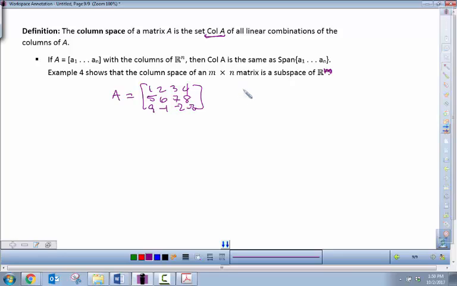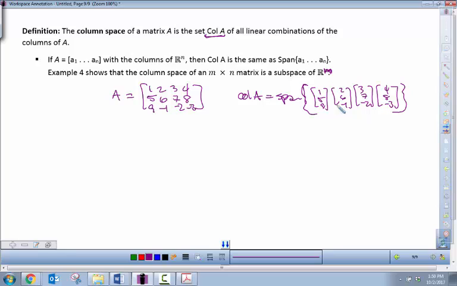So the column space of A equals the span of these, well, there's 4 columns, so it's the span of these 4 columns: 1, 5, 9; 2, 6, -1; 3, 7, -2; 4, 8, -3.